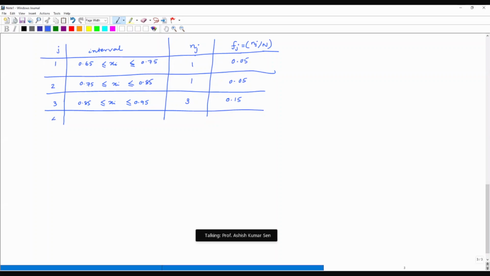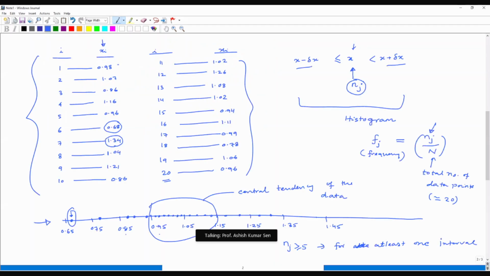Now, similarly, 0.95 less than or equal to xi less than or equal to 1.05. Between that, I have 7 data points. I can check that for you: 1, 2, 3, 4, 5, 6, 7, right?